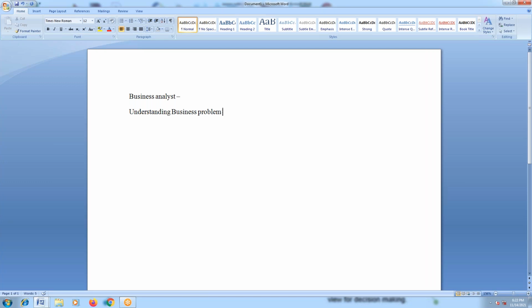Understand, right? Either way, whether you are developing a new application from the beginning or enhancing new features and functionalities in the existing ones, understanding the business problem is what you, as a business analyst, must be good at. This is the first point we have to understand: understanding the business problem.